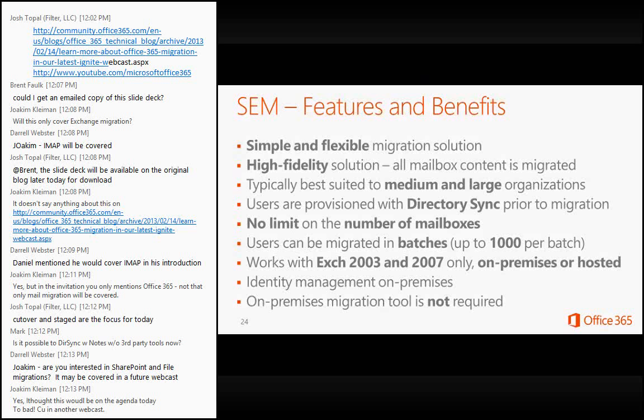So with the staged Exchange migration, as we said, it's not a big bang approach. We can only have up to 1,000 mailboxes in the CSV file, so we would have to do those in multiple batches. That's not the limit, it's just 1,000 per batch, as it were. It's not the total limit.